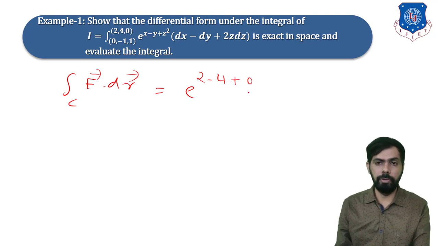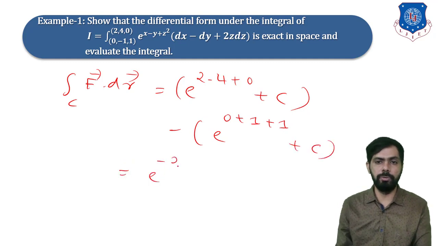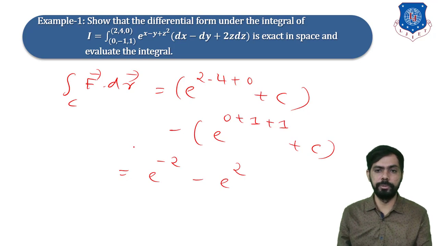So it will be e raised to 2 minus 4 plus 0 plus constant c minus, now we will replace x by 0, y by minus 1, so minus minus will be plus 1, and z by 1 plus constant c. So this will be e raised to minus 2, c cancel out, minus e raised to 2. So this is the answer of integration.